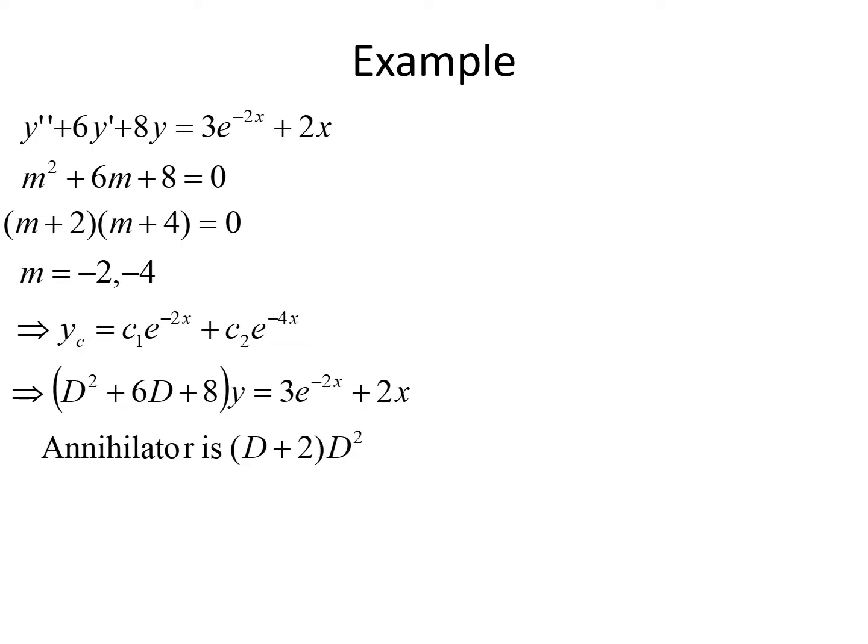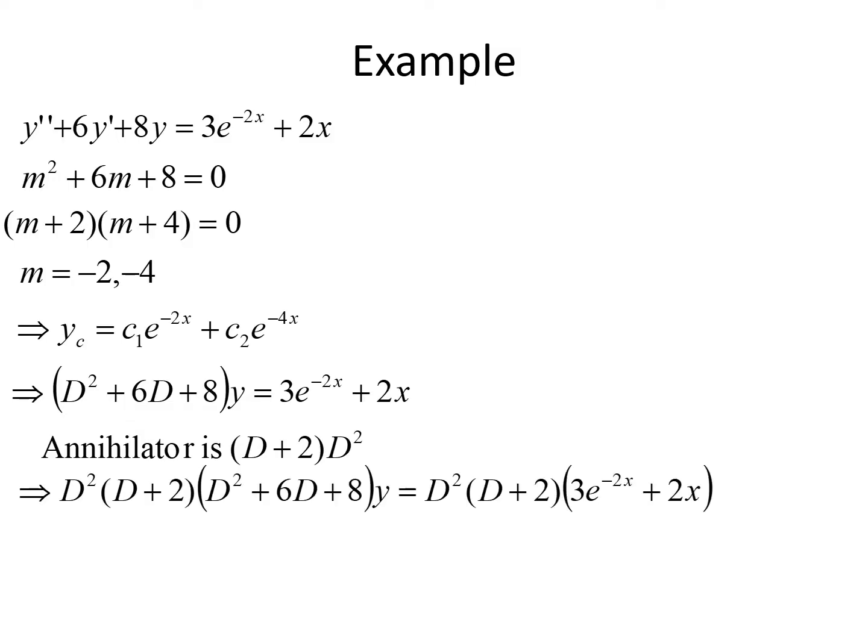So we get d plus 2 times d squared as the annihilator of g of x. We apply the annihilator to both sides of our differential equation. So d squared times d plus 2 times d squared plus 6d plus 8 times y equals d squared times d plus 2 times 3e to the negative 2x plus 2x.